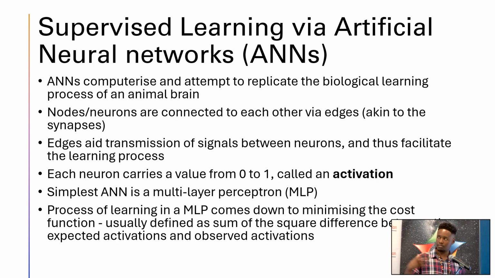This artificial neural network essentially aims to replicate the process of learning within the human, or within the animal brain, I should say broadly. Each of these neurons carries some kind of activation value between 0 and 1, and the connections between these neurons have associated weights and biases, which are additional parameters with which the model is trained.